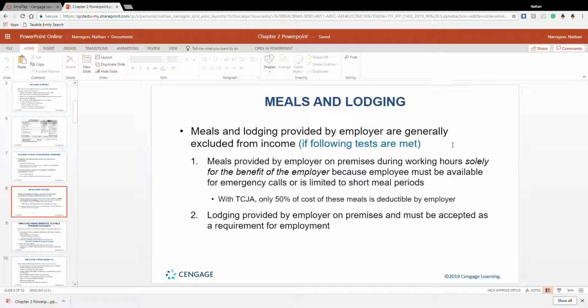Lodging: if lodging is provided by the employer on the premises, it must be accepted as a requirement for employment. So, certain places you have to stay there. You actually have to live there for a little while. And if that does happen, it has to be a requirement for employment.